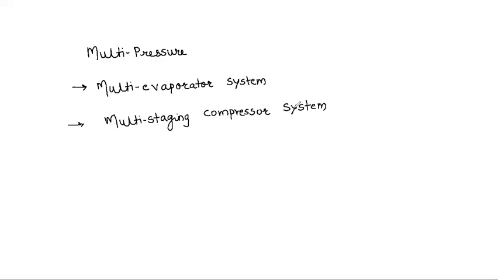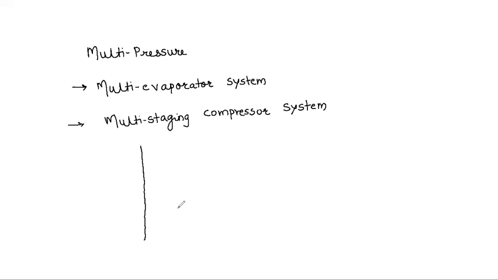To understand why one requires a multi-evaporator system and a multi-staging compressor system, we need to go back to our basics, I mean the understanding of the vapor compression refrigeration system. The pH diagram I'm trying to draw here, look at the screen.